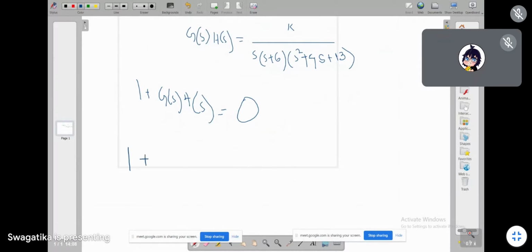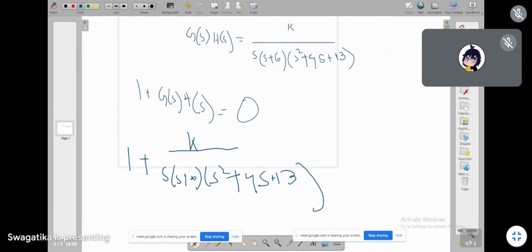This will be 1 plus k divided by s into s plus 6 into s square plus 4s plus 13 is equal to 0.